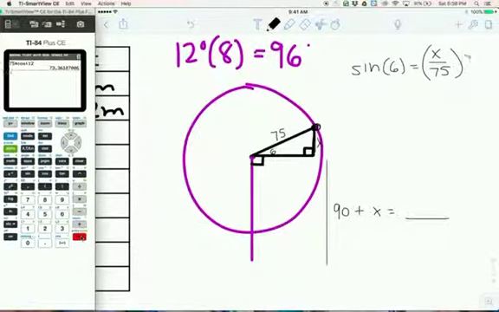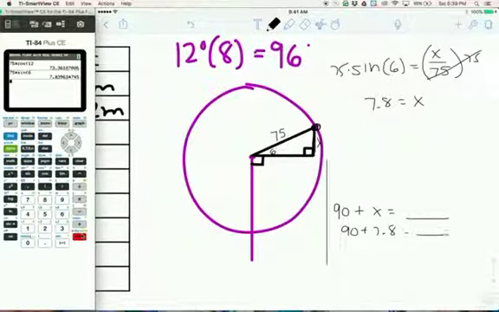We're going to solve it the same way, multiplying by 75, and I get 75 times sine of 6 degrees, and I get 7.8 for x. So if I add 7.8 this time, I get 97.8 meters.